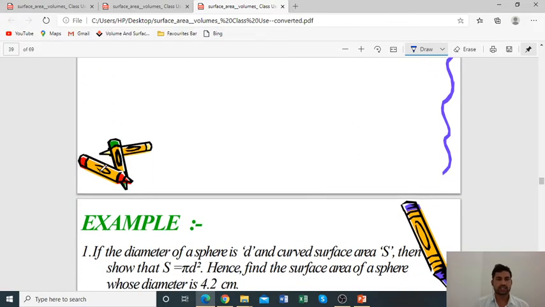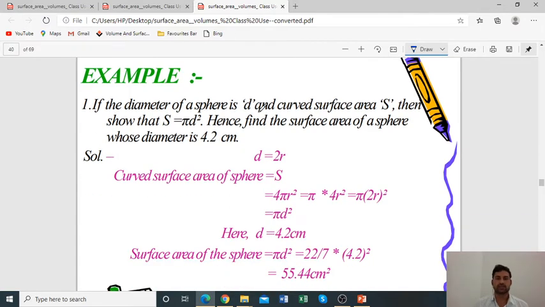Okay. First example. If the diameter of a sphere is d and the curved surface area is S, then show that S equals pi d square. And hence find the surface area of a sphere whose diameter is 4.2 centimeters. So diameter equals 2 times radius, and the curved surface area of the sphere is S. Already you know that the curved surface area of the sphere is 4 times pi r square.